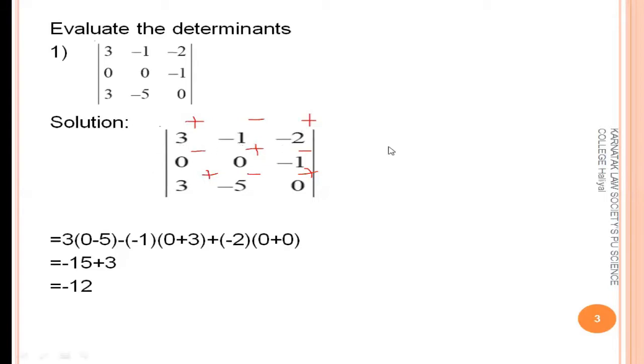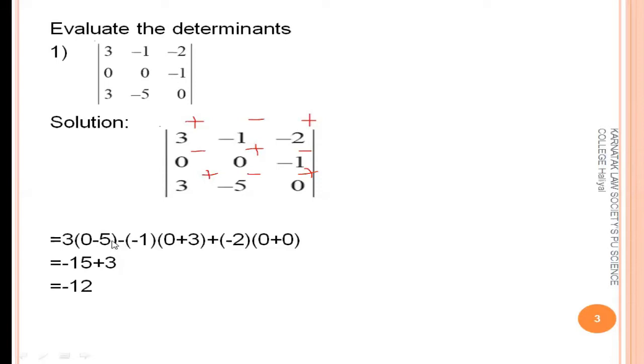Here we will expand along the first row, that is R1. The first number is 3. Deleting that row and column, you get the second order determinant, or otherwise you can directly multiply. So 0 into 0 is 0. And in the formula it is minus only. Here minus of minus 5, ones are 5, and minus of minus becomes plus.